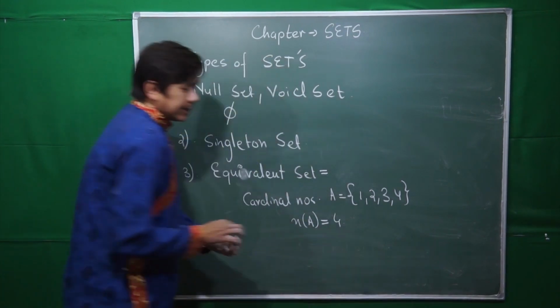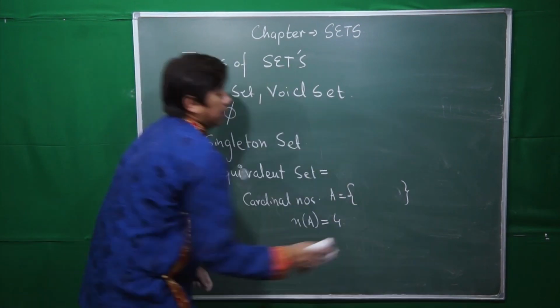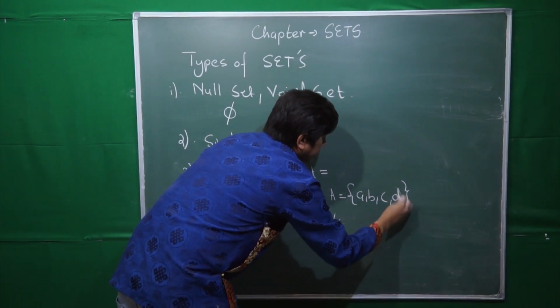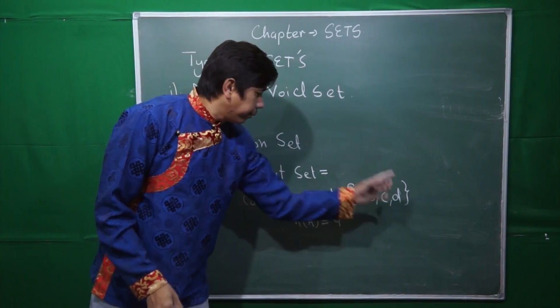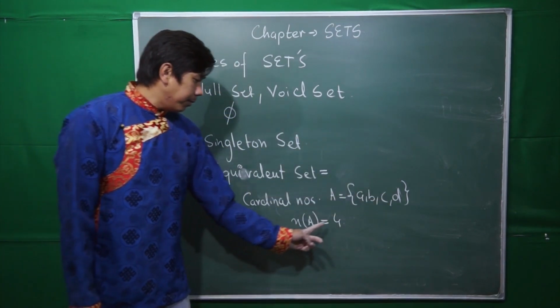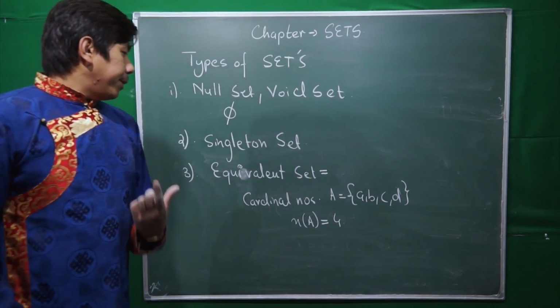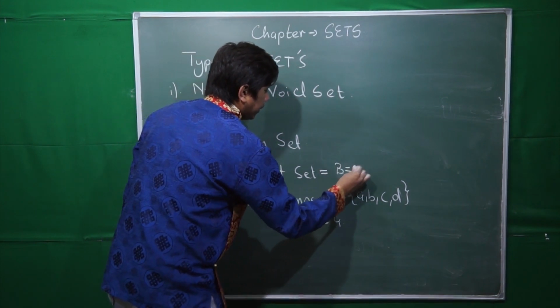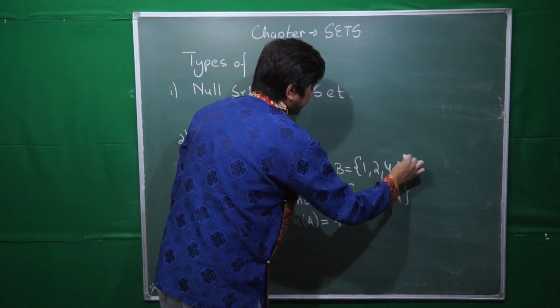Similarly, let's say set A has elements A, B, C, D. What is the number of elements? 1, 2, 3, 4. Again, the cardinal number is 4. Simple. Now, if we compare two sets, let's say set B, whose elements are 1, 2, 4, 7.